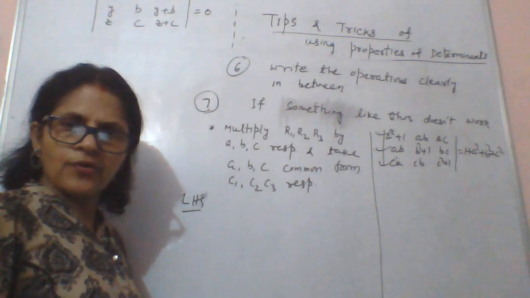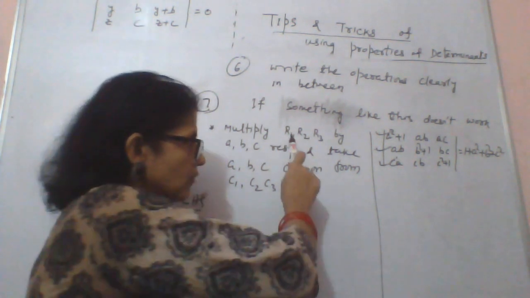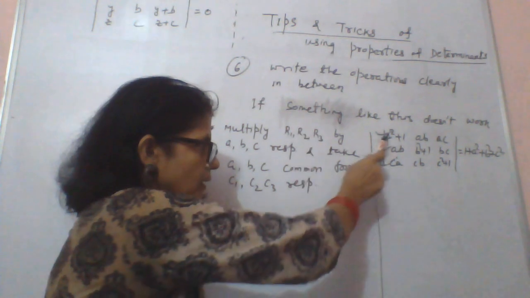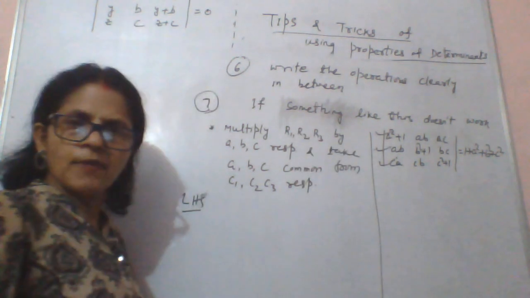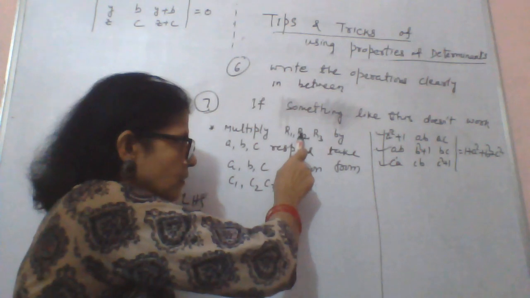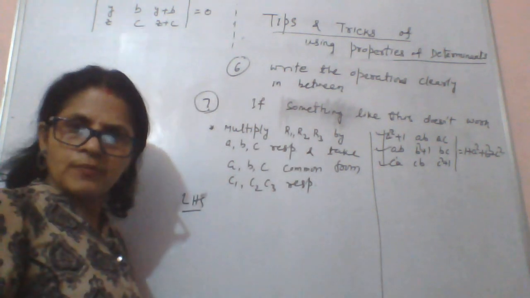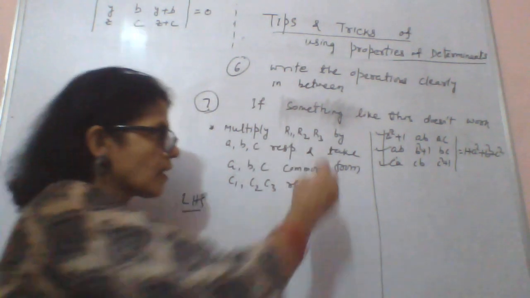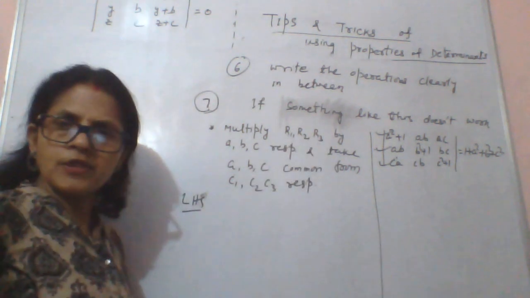Whenever we multiply any number to any one row or any one column, the determinant is multiplied by that number. So when we multiply R1 by a, the determinant is multiplied by a. We multiply R2 by b, so the determinant is multiplied by b, and similarly by c.